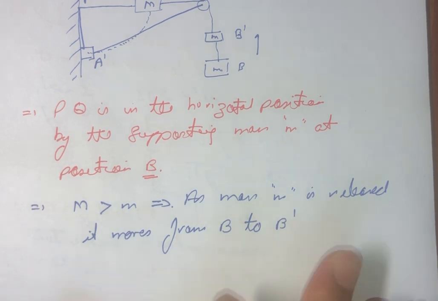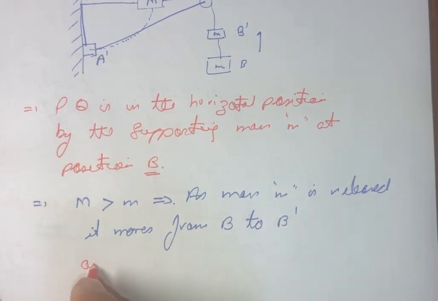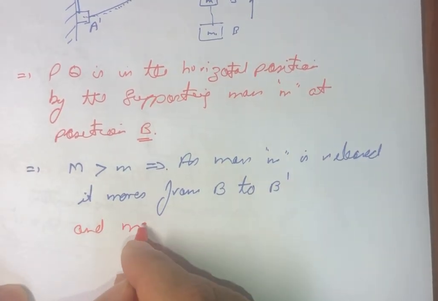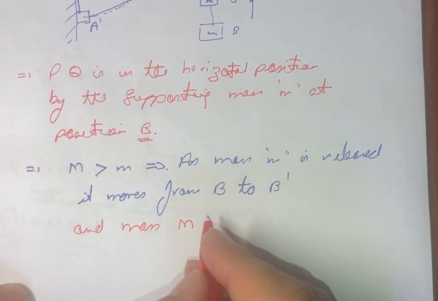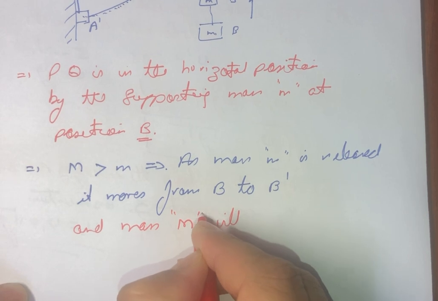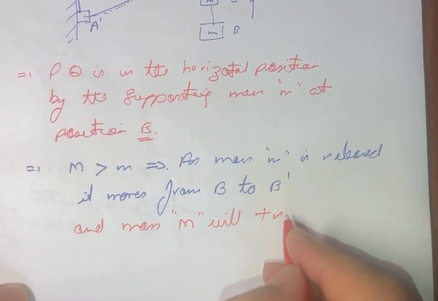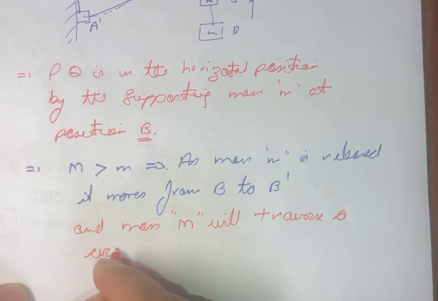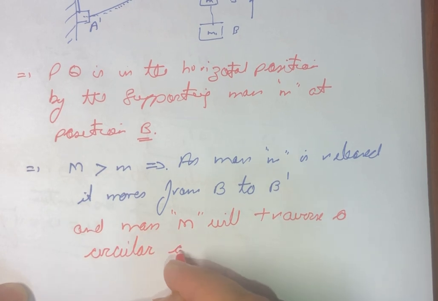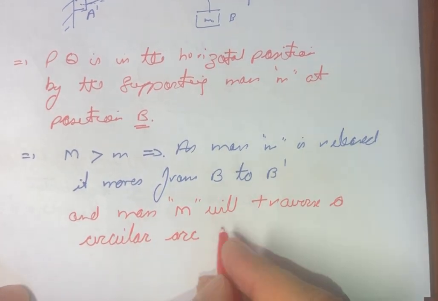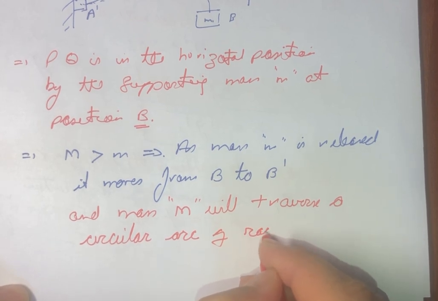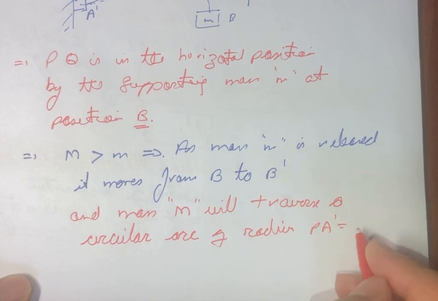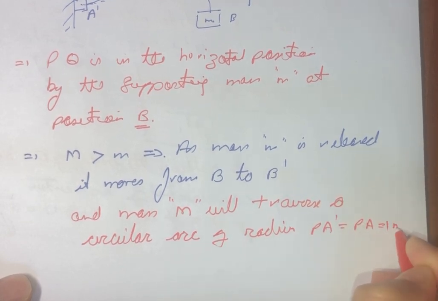And mass capital M will traverse a circular arc of radius PA prime, which will be equal to PA, which is 1 meter.